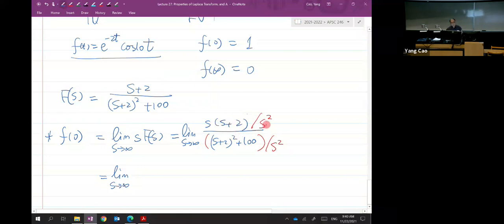When you divide s squared plus 2s by s squared for the numerator, you get 1 plus 2 over s. And the bottom, you end up with 1 plus 4 over s plus 104 over s squared, after you expand the s plus 2 squared term. As s goes to infinity, any terms that have s in the denominator will go to 0. So you end up with just 1, which is the same result as when you manipulate in the time domain.